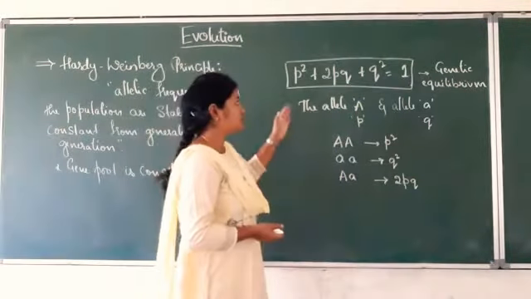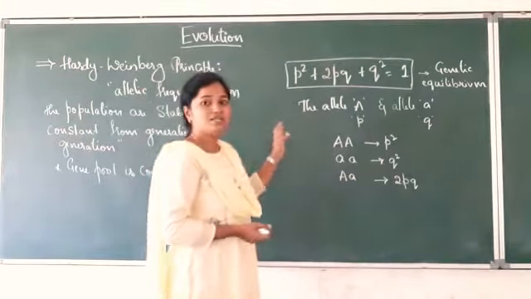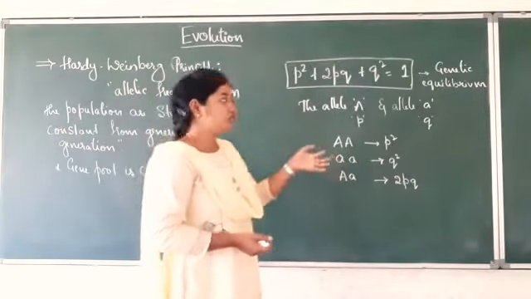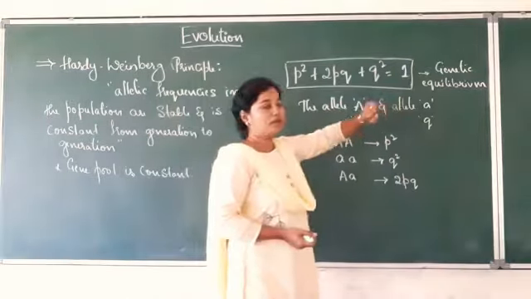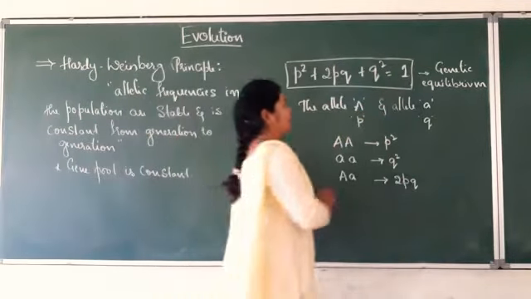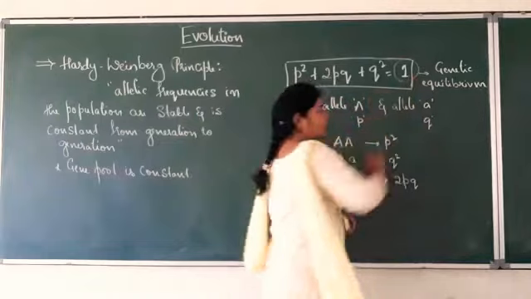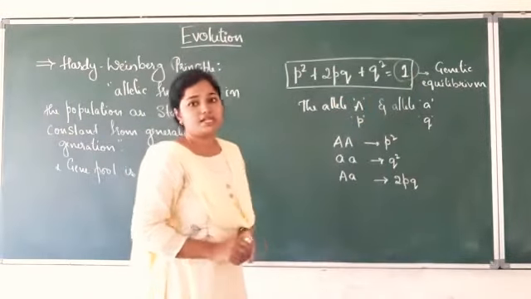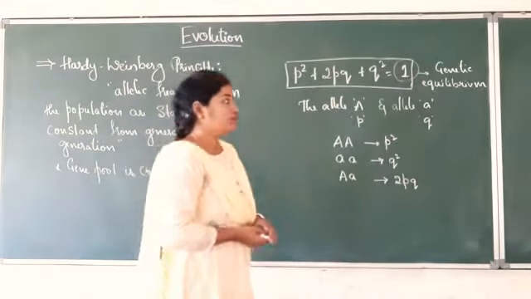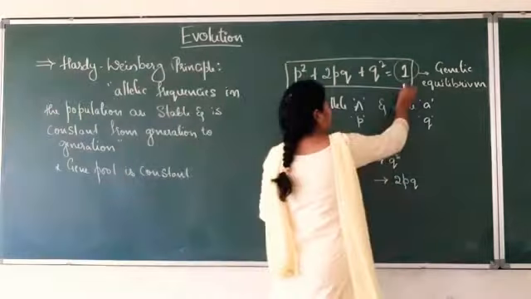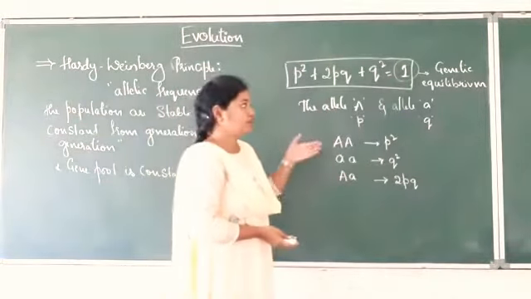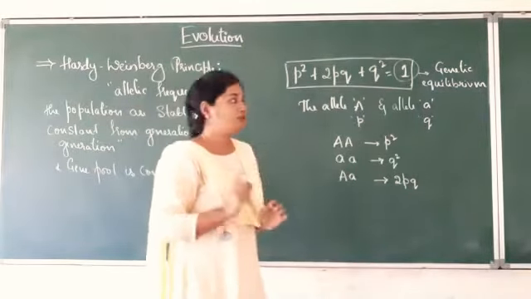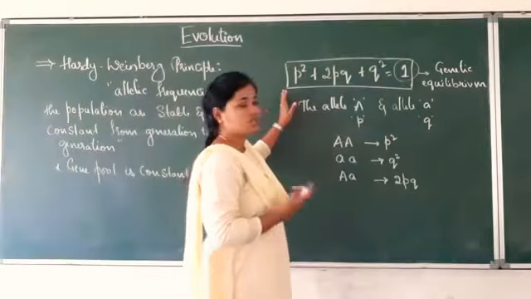So suppose the sum of all the alleles or all the genes in a pool is going to be 1, then it is called genetic equilibrium. Or else if we get a value other than 1 when we calculate the frequencies of the alleles or the genes of a population, it is going to indicate evolution, right? So this is stated as genetic equilibrium.